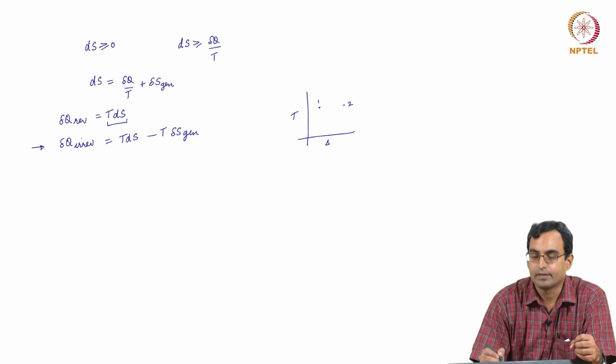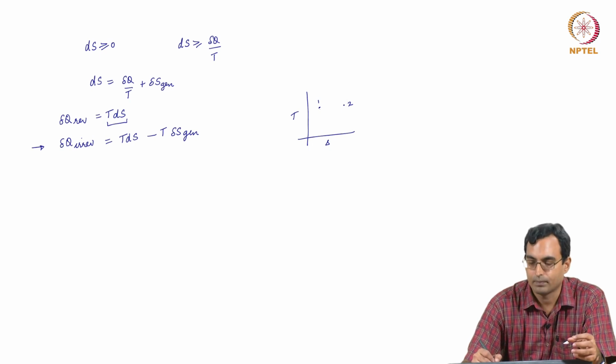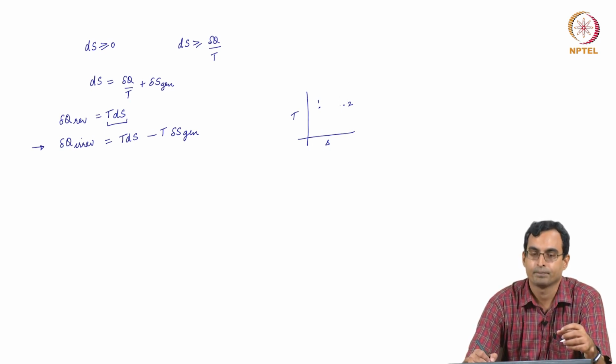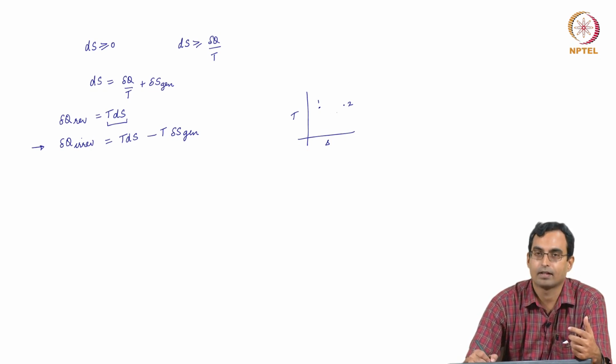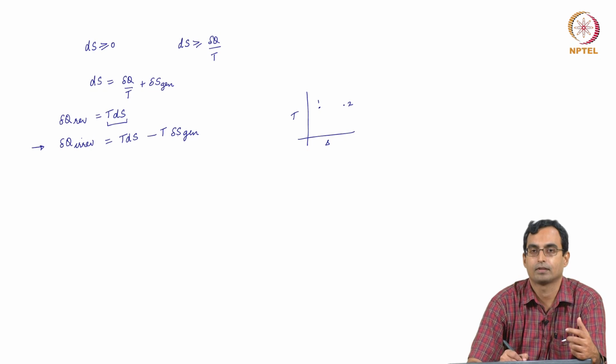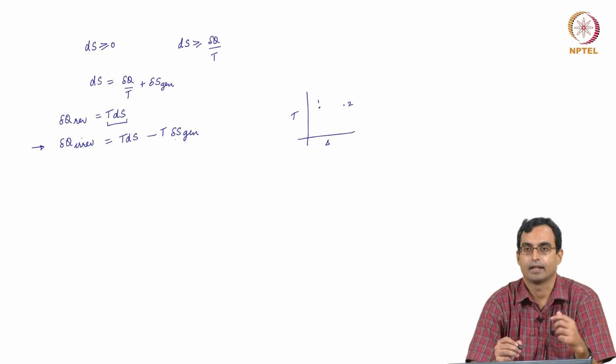So, I would transfer less heat to go from the same initial point to the same final point, or in other words I need to transfer less to get the same change in entropy, because there is some entropy generation in this kind of case.